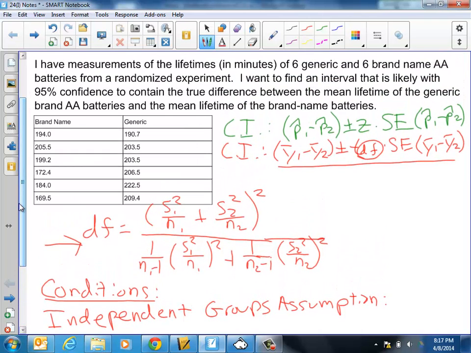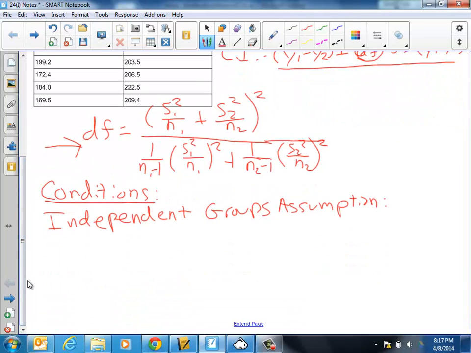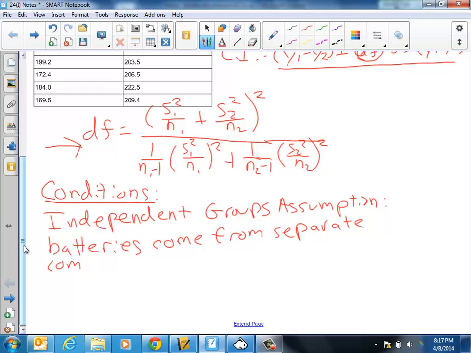Well, if you think about it, when I get 6 batteries that are generic and 6 batteries that are brand name, I'm buying those 6 batteries in packaging that is separate from each other, manufactured separately from each other. So really, this is an easy one to knock out. Let's go ahead and say that yes, my 6 generic, my 6 brand name are independent groups because the batteries come from separate companies, purchased in separate containers.